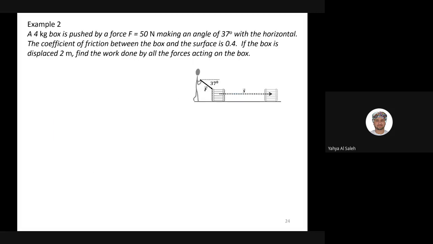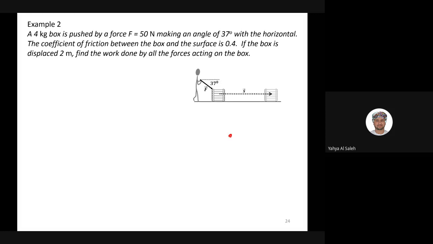Now let's do an example with some numbers. A 4 kilogram box is pushed by a force of 50 newtons, making an angle of 37 degrees with the horizontal. The coefficient of friction between the box and the surface is 0.4. If we displace the box by 2 meters, what is the work done by all the forces acting on the box? So we start by drawing a free body diagram. This is my box.